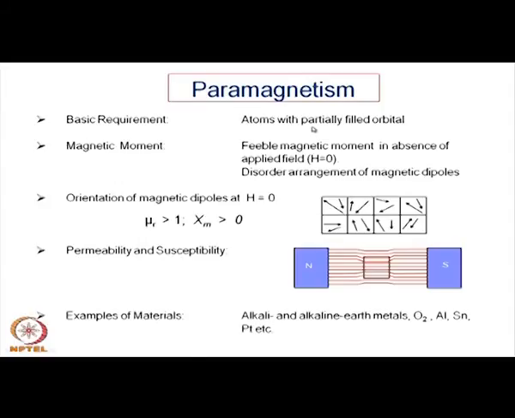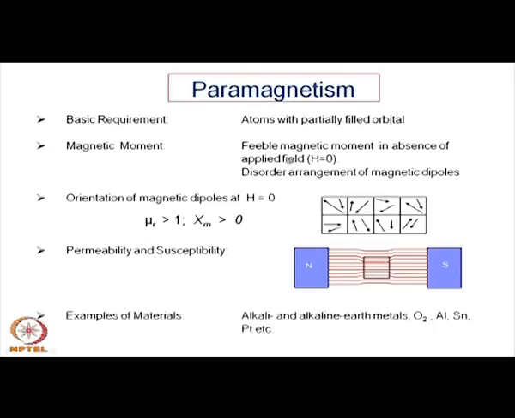Comparing to that, paramagnetism is like this, and this is the orientation of the dipoles in the absence of the external magnetic field, a kind of random orientation. Here it is atoms with partially filled orbitals, whereas earlier it was completely filled.